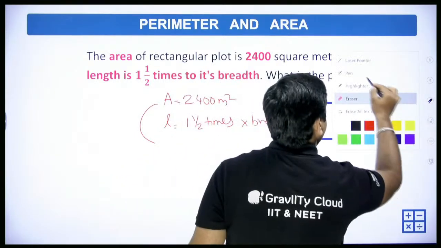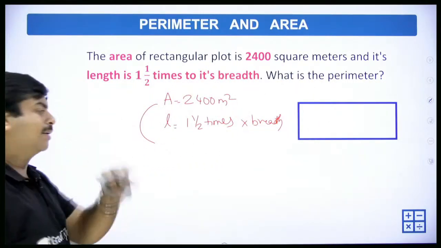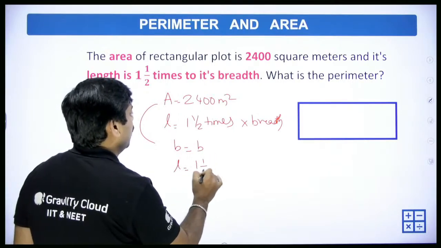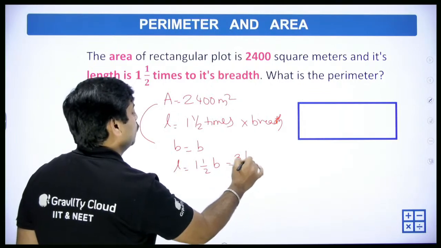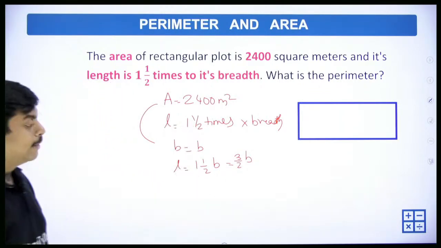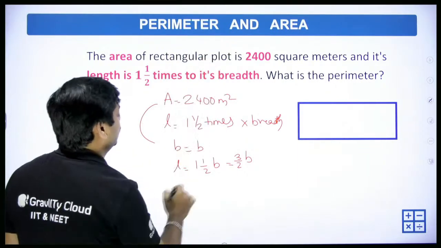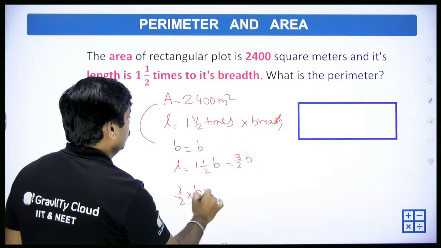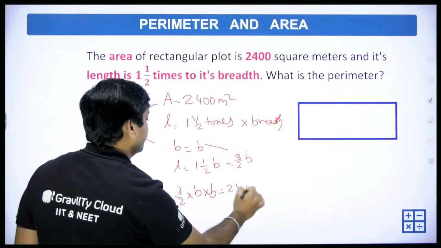Right. Okay. So length is 1.5 times breadth. So breadth is B, but length will be 1.5 times B, which is 3 by 2 times B. So now length into breadth is equal to 2400, because the area is given.